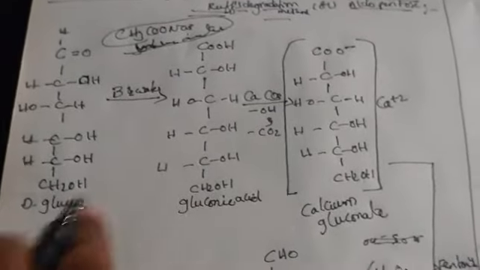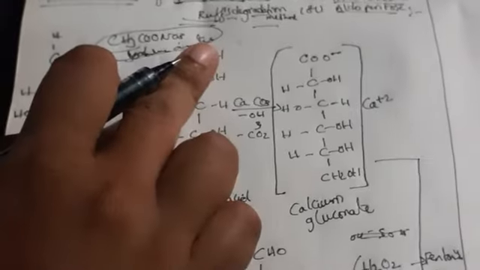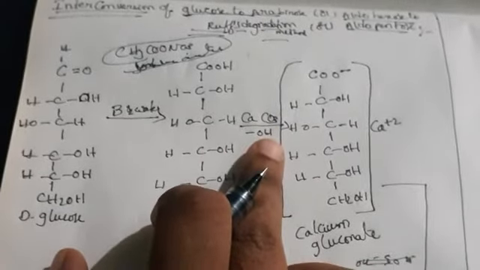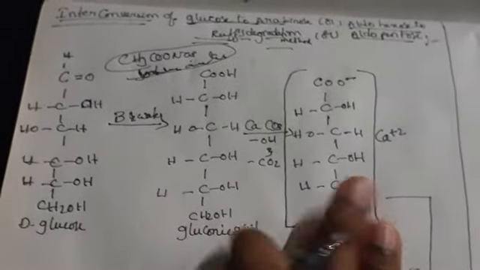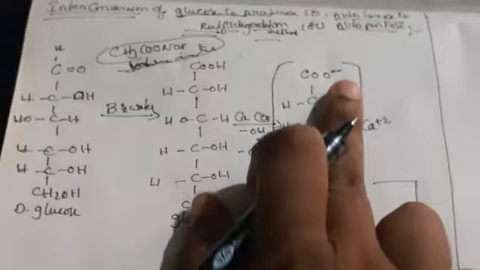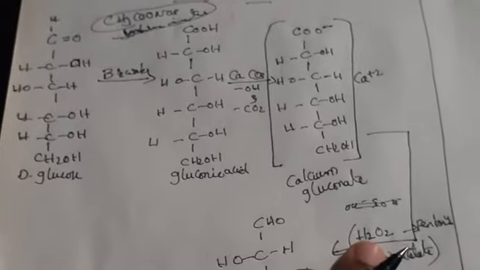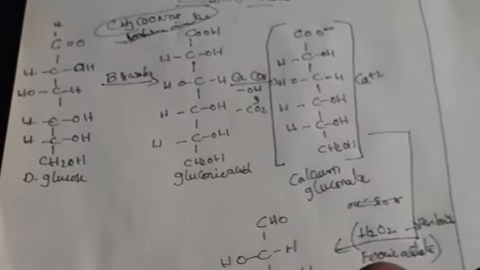See here, D-glucose is converted into arabinose, an aldopentose. Glucose is treated with Br2 water, so oxidation takes place and the aldehyde is converted into acid. Next we add CaCO3, forming the salt calcium gluconate, because H plus is removed. After that we add Fenton's reagent, H2O2 and ferric acetate.